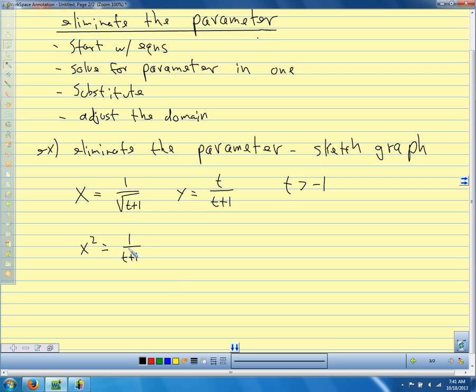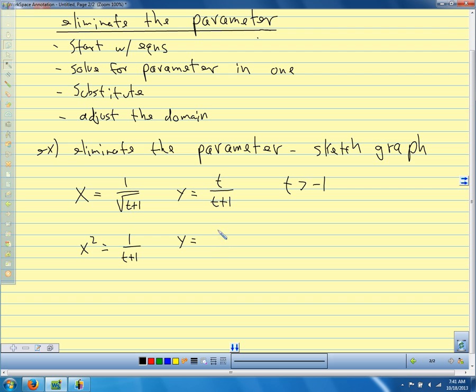So I could go from here and say that y is t times x squared. Yes, t times x squared. So I could do that directly from here. So what Max is saying is y equals, I wouldn't finish it, but that would save us some work.